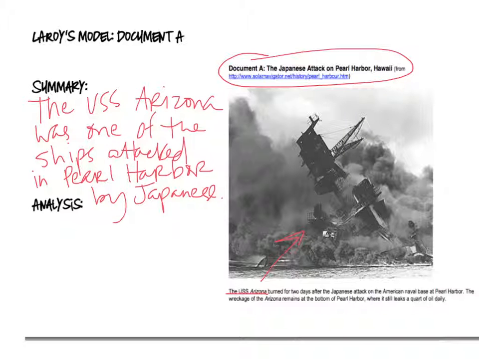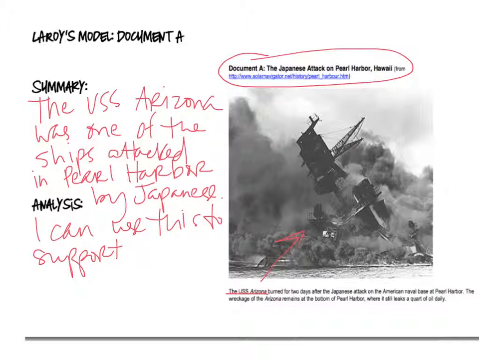The second thing I need to ask myself is, how can I use this document to support that question? I think this document, which shows the Japanese attack on Pearl Harbor, I think I can use this to support that it was a military necessity. So I'm just going to write MN for military necessity, because this shows that American citizens were killed and we needed retribution.